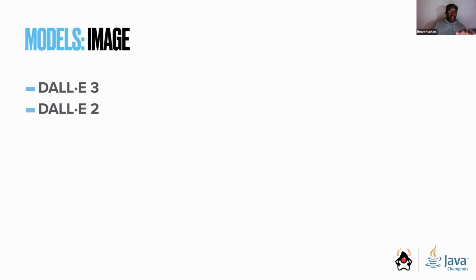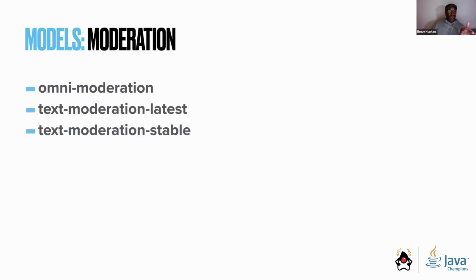For some of you that have tried creating an image programmatically, you may have heard of the DALL-E 2 and the DALL-E 3 models. And then we also have the moderation models. The moderation models enable a developer to understand if there's any textual content.